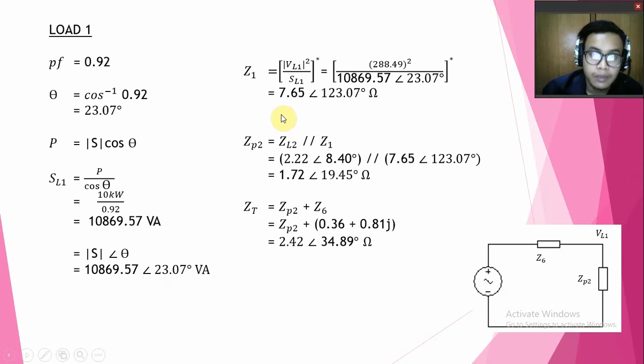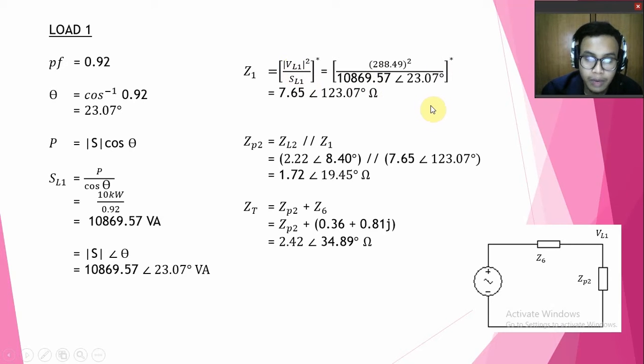After that, we can find the impedance at load 1 by dividing the modulus of voltage load 1 squared by the real power at load 1, and conjugate it.